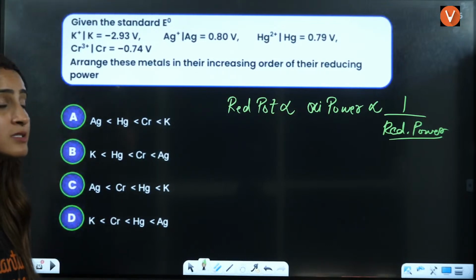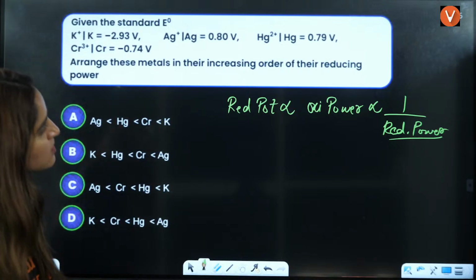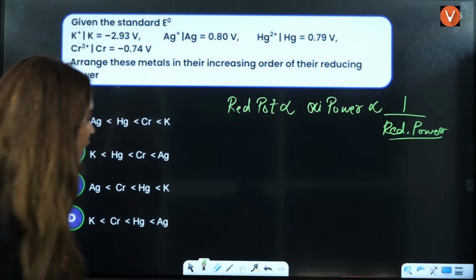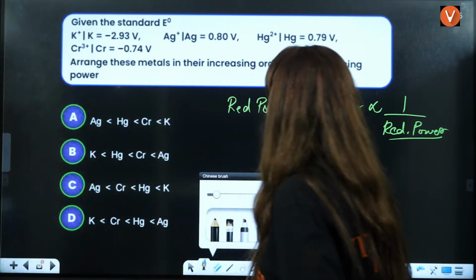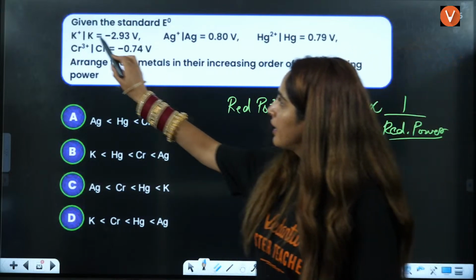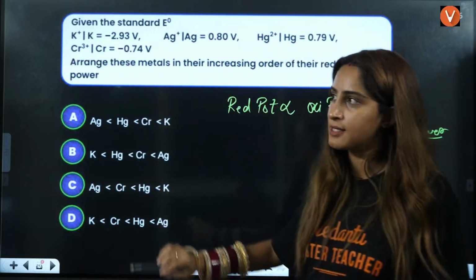The one with the lowest reduction potential is going to have highest reducing power. All of them are getting reduced. Reduction potential, oxidation number will decrease. Here it is decreasing, here it is decreasing, here also it is decreasing.